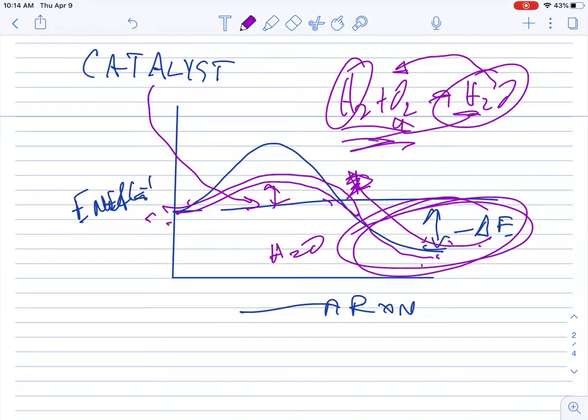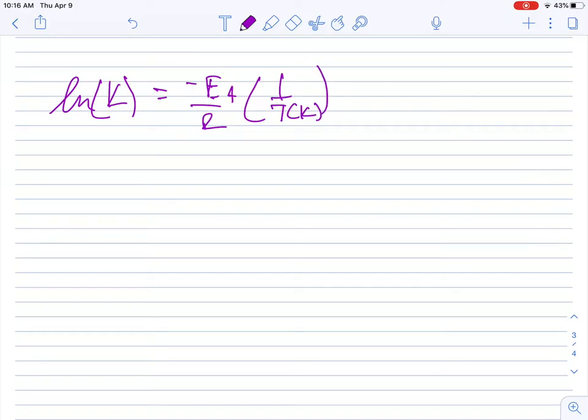Okay, so now these equations that I'm going to give you are not on your equation sheet, but they're important in terms of how this is going to play out. We've already talked about one of them. You all have done this. Natural log of K equals negative E sub A over R times 1 over temperature in Kelvin plus the natural log of A, okay?